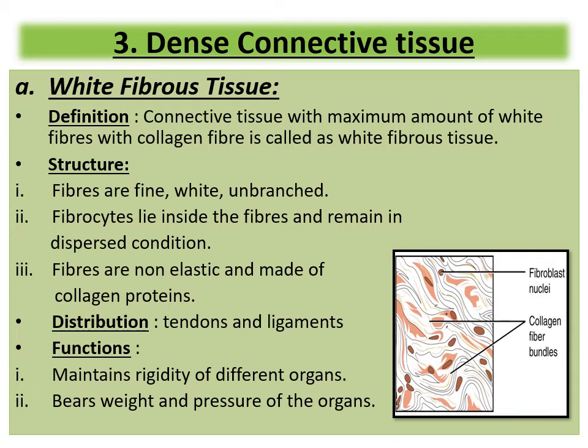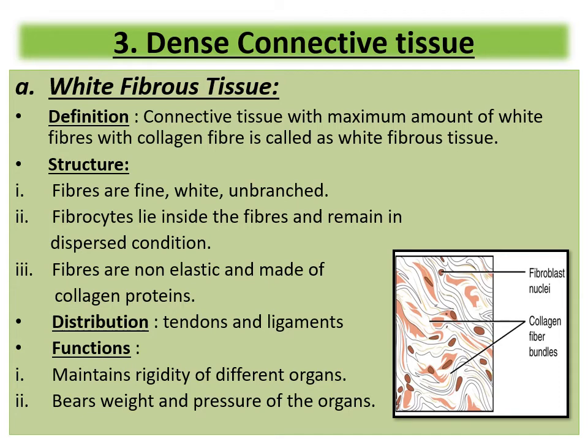Now we are going to discuss dense connective tissues. Dense connective tissues are of two types, white fibrous tissue and yellow fibrous tissue. First we will know about white fibrous tissues. So what is white fibrous tissue? Connective tissue with maximum amount of white fibers with collagen fiber is called white fibrous tissue. These are mostly found in tendons and ligaments.